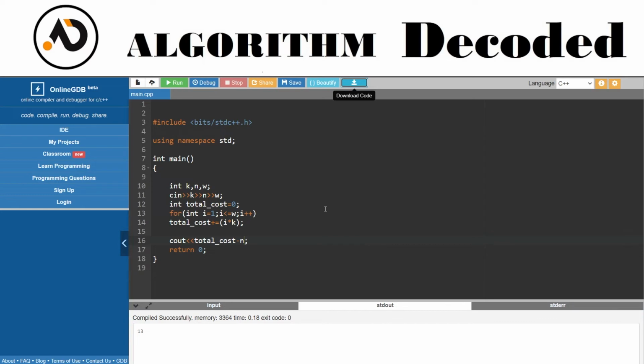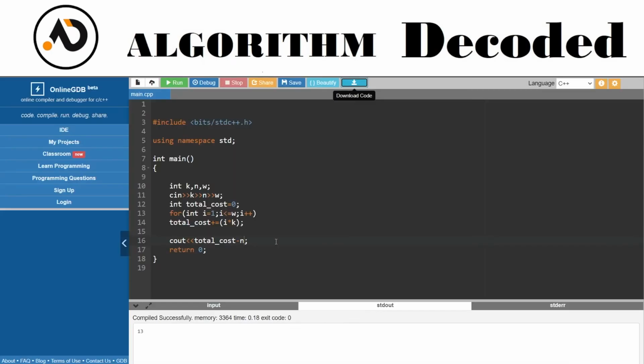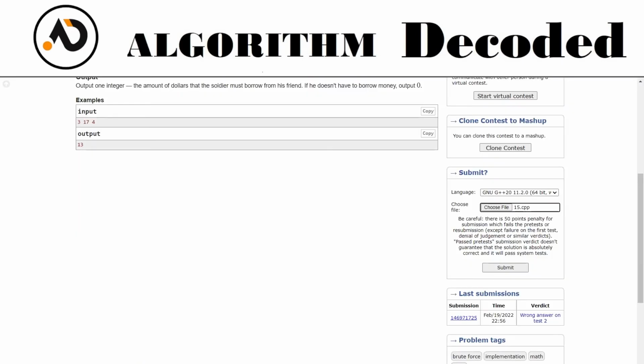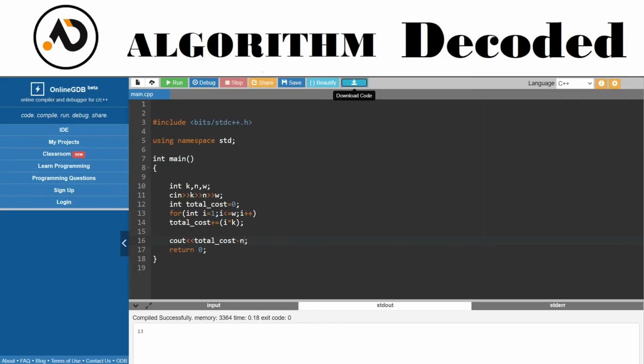Let's see why. i less than or equal to W. Cost of one banana is K, I guess. K and N. K is the cost of the first banana and N the initial dollars. W is the number of bananas you want. Okay.